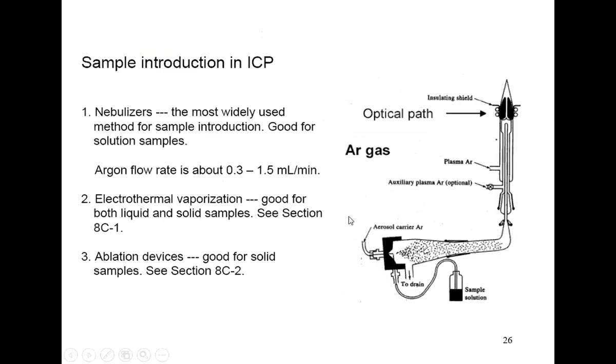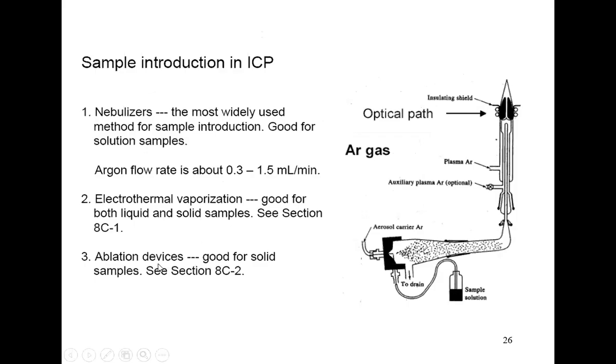It's the same kind of repeat, so I don't need to repeat this. We have already said about this. And one more thing here: electrothermal vaporization is good for both liquid and solid samples.